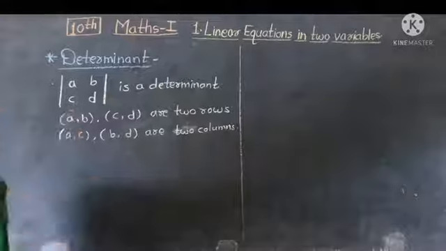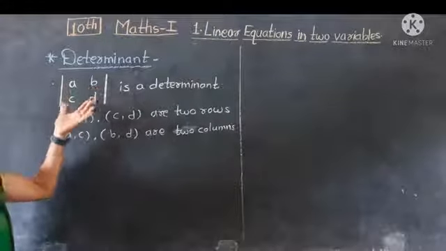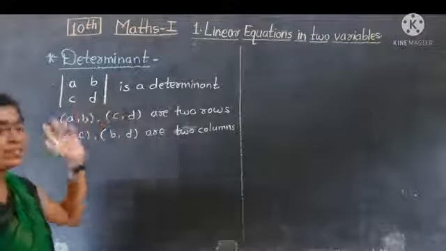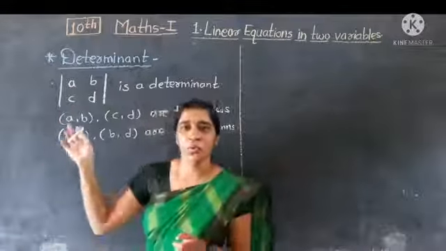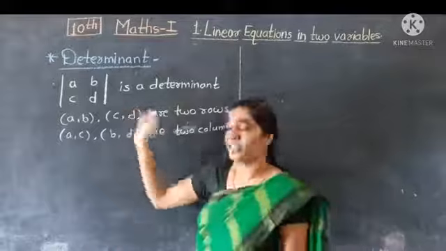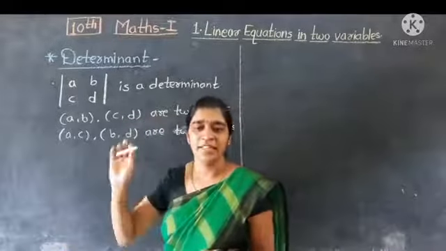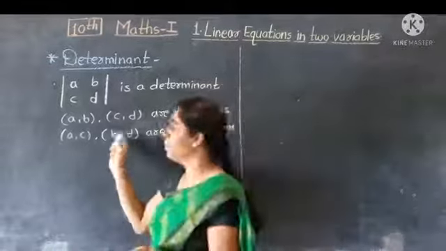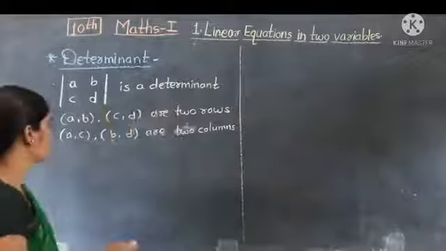Okay, in this way we write the determinant A, B, C, D. Here there are two rows and two columns present. So the order of this determinant is 2.